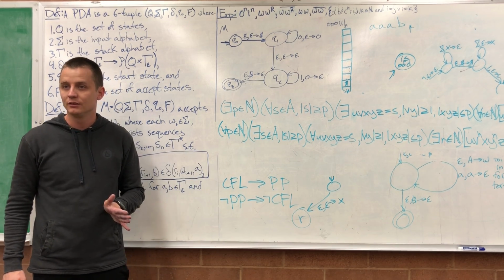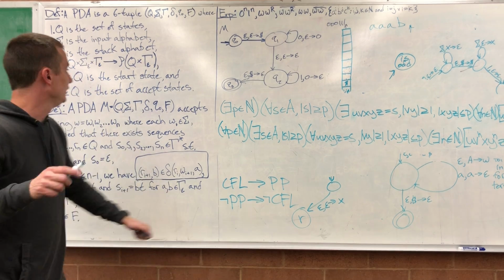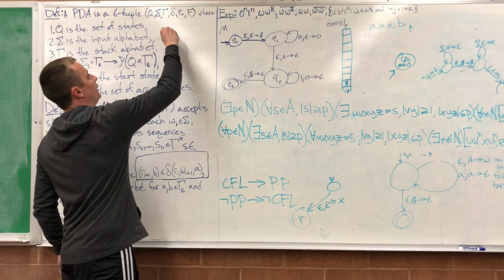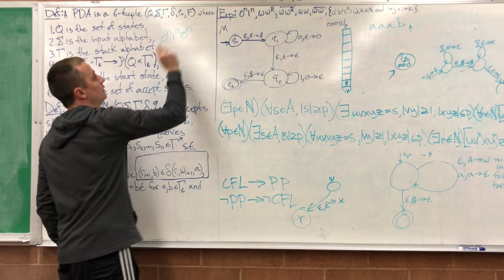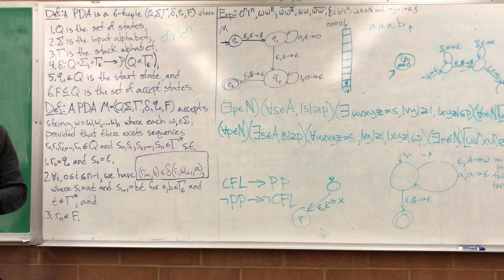Does that make sense? And so ultimately, that's what we would use to show 0 to the n, 1 to the n, 0 to the n is not context-free.